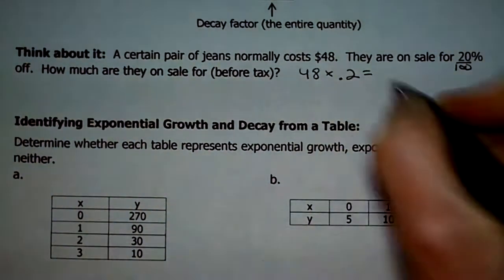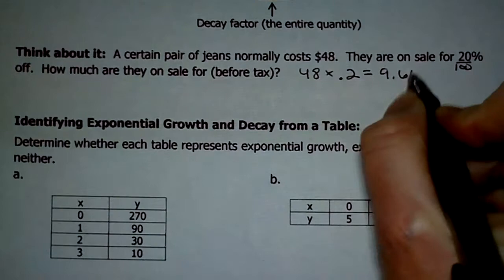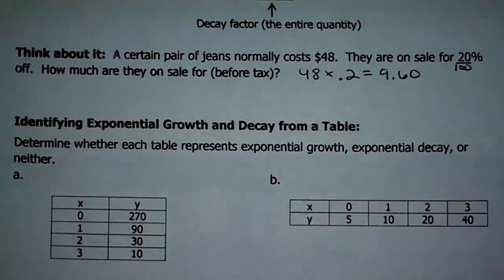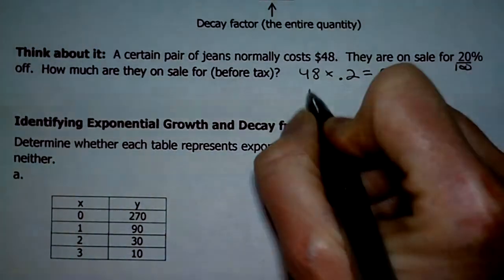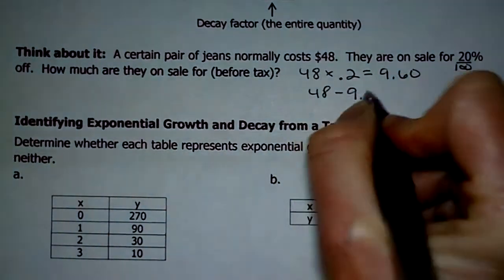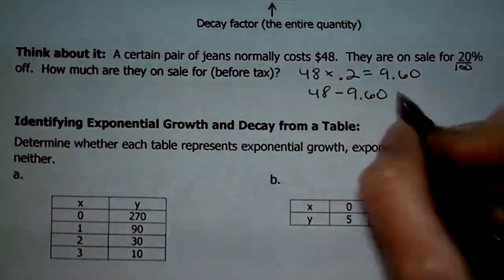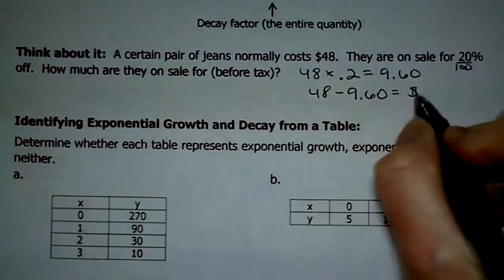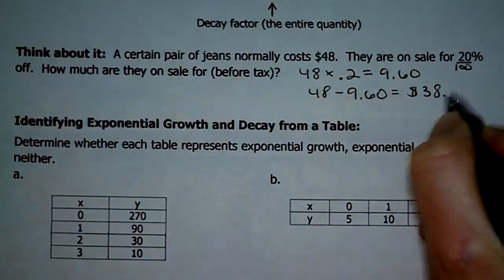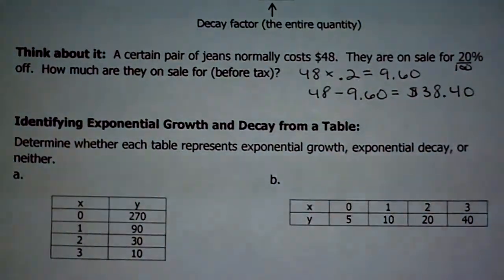And when you do that, you get $9.60. Now that's the amount of money you get off, right? So now you have to say, okay, well, what is 48 minus $9.60? And if you type that into your calculator, we're going to see that those jeans are now $38.40. So that was 2 steps, right?